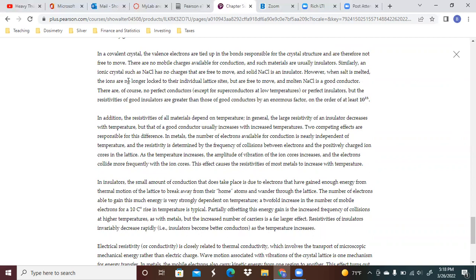However, when it's melted, the ions are no longer locked into their individual lattice sites, but are free to move, and molten salt is a good conductor. There are, of course, no perfect conductors or perfect insulators, but the resistivities of good insulators are greater than those of good conductors by an enormous factor.